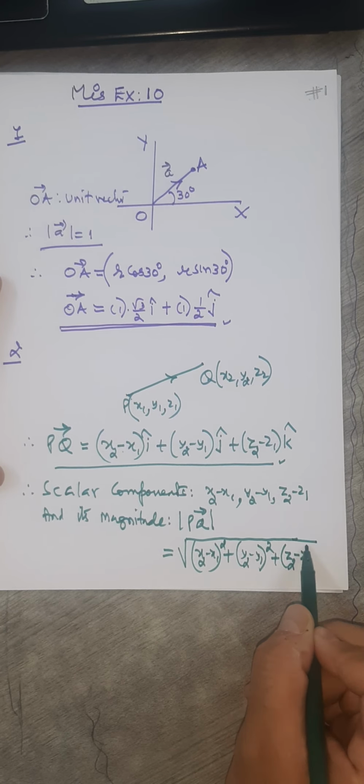So this is true only if the vectors are on the same line. Vectors are, you can say, collinear. Otherwise this is not true, remember.